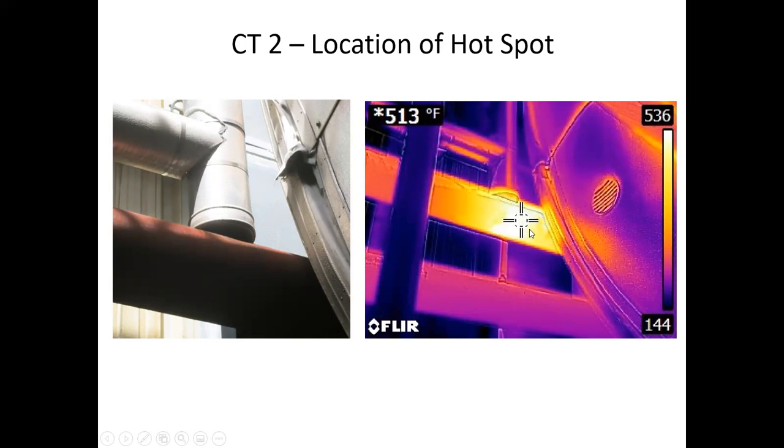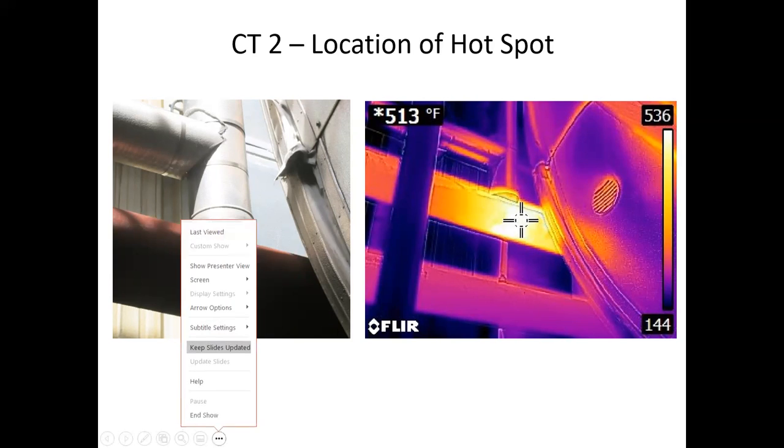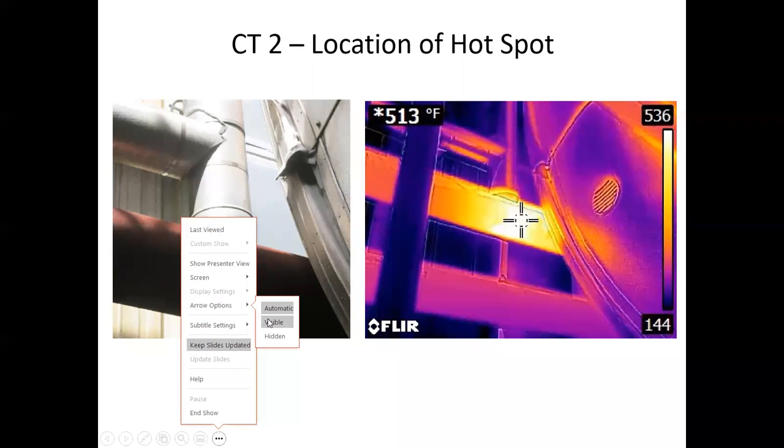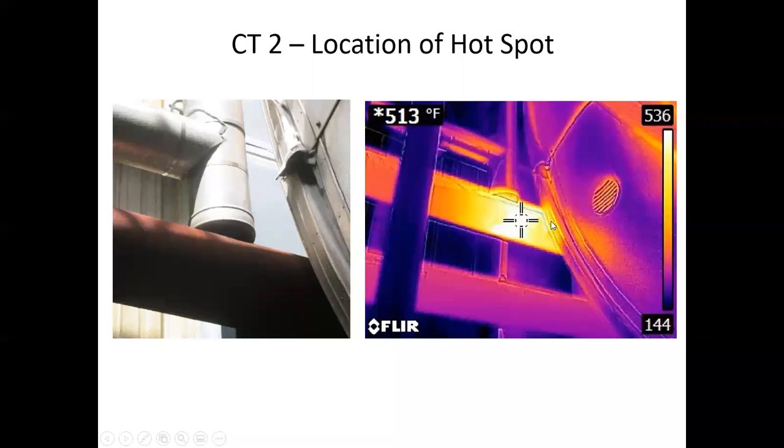Sitting there going, whoa, 513 degrees, what are we doing here? He said he had valves leaking through. It doesn't look like it's completely wide open, or I think that pipe would be hot further. Maybe it's coming down from here. I'm not sure what the flow pattern was, but anyway.